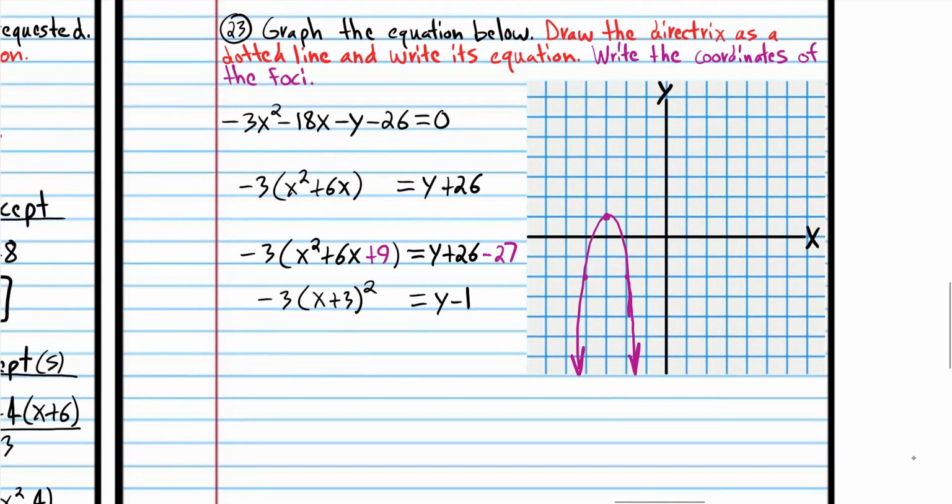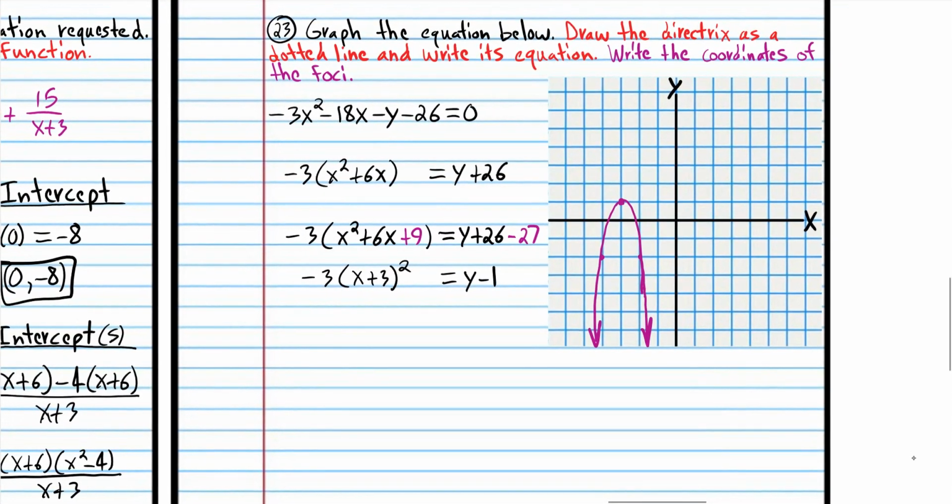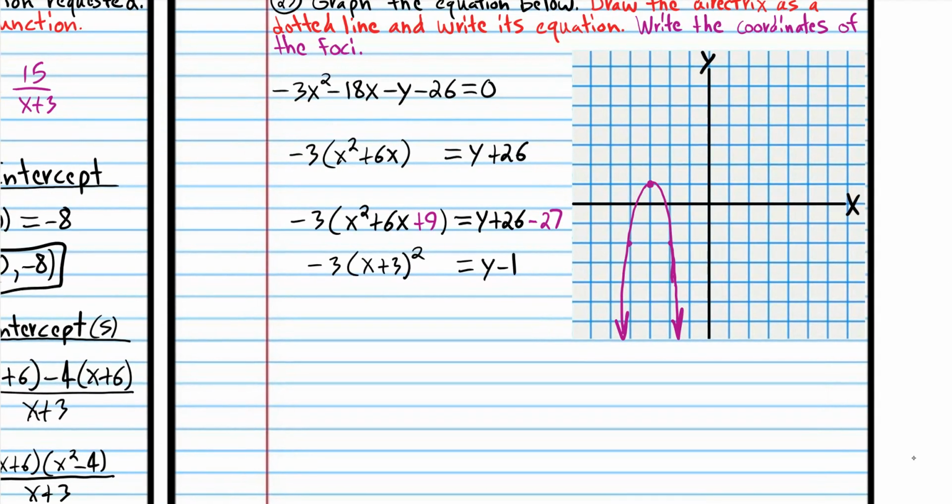So now we're asked to draw the directrix and write its equation, and also the coordinates of the focus. So P is the distance along the line of symmetry, this line here, from the vertex to the directrix, or from the vertex to the focus.